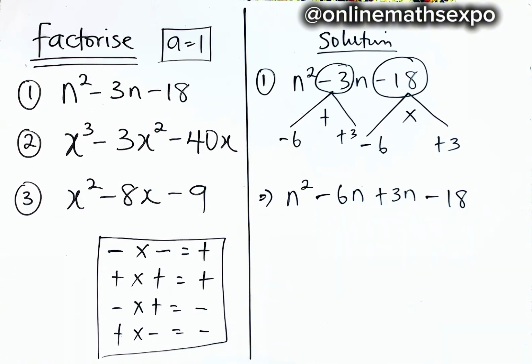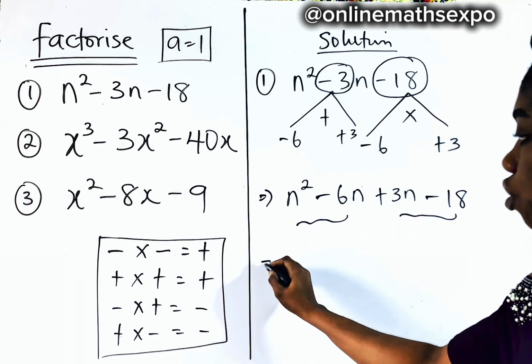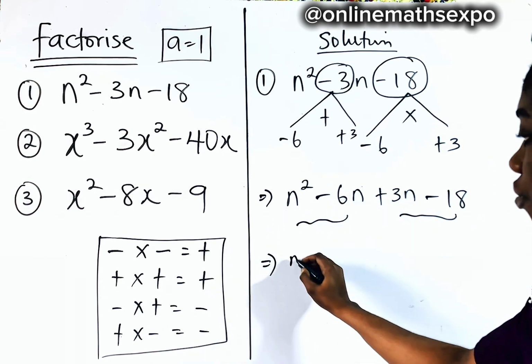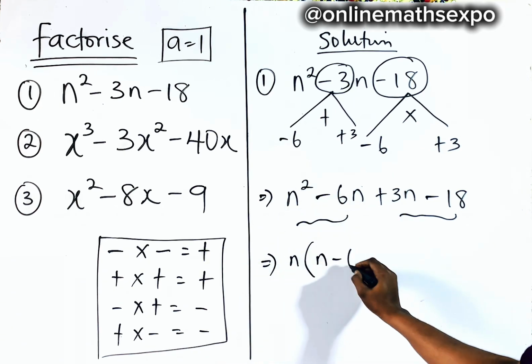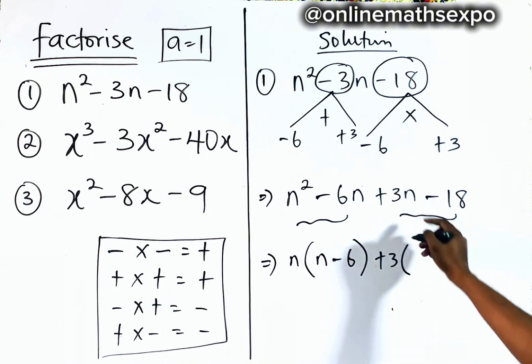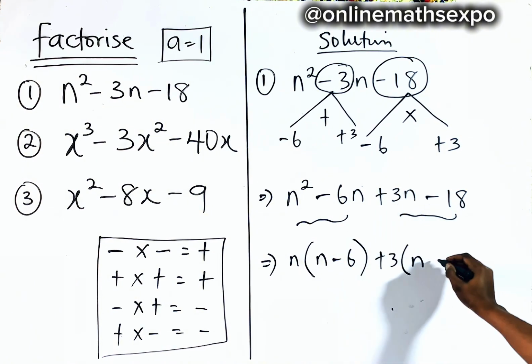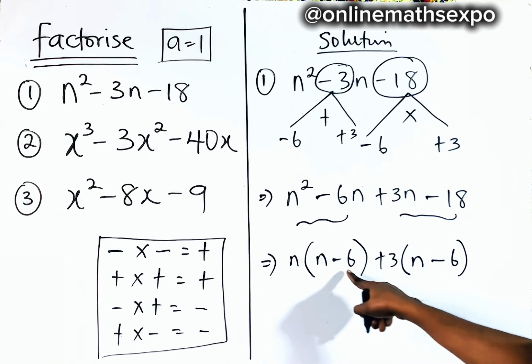Always return it. Now you are going to pair these two, pair these two. So n is common, factor it out, you have n, this divides negative 6. What is common is positive 3, use it to divide, you have n, this will give us negative 6. Did you observe that the two values in the brackets are the same?